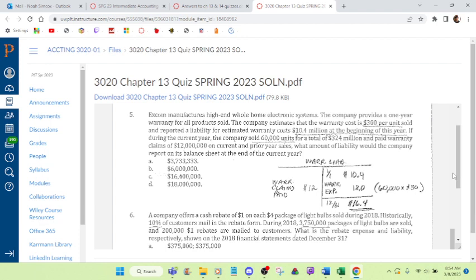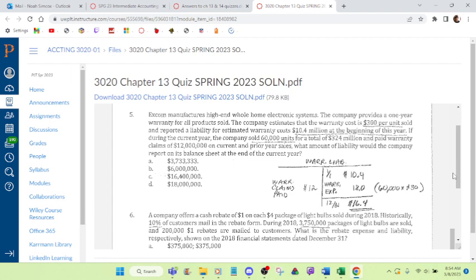Then they add the warranty expense, which is a liability because they haven't paid it yet, which is the 60,000 times 300 units sold. And the amount that they sold it for is not even relevant to the question somehow. Okay. And then you subtract the 12 million.